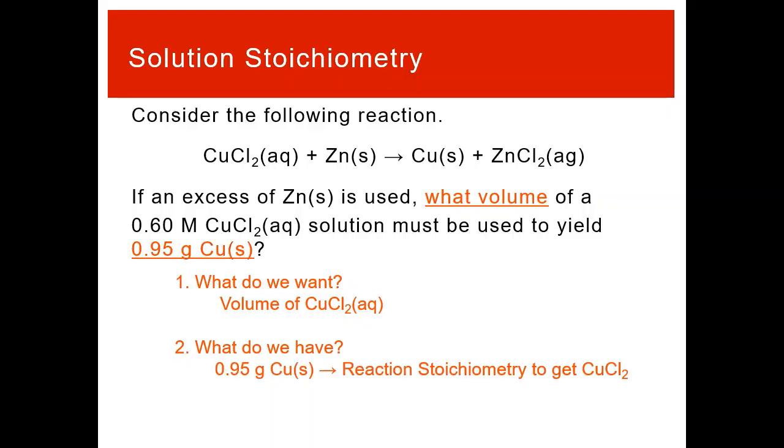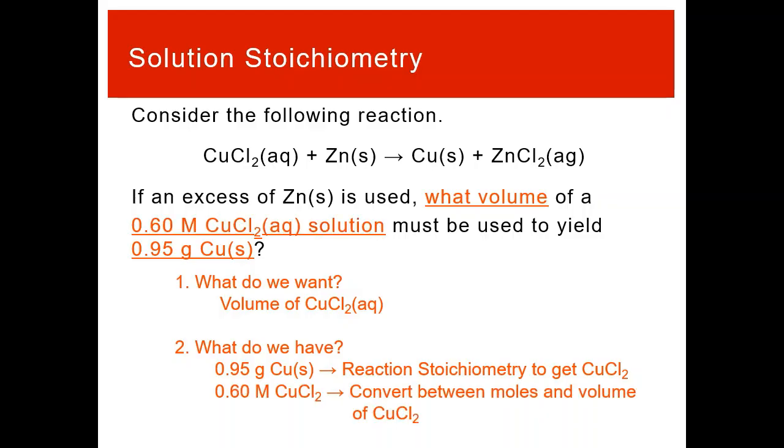And I can see I have 0.95 grams of copper solid. That is the product in this reaction that I'm really looking for. That's what I'm based off of. I'm given this amount of copper product that I want, and I'm going to be doing some stoichiometry to relate it to the copper 2 chloride.